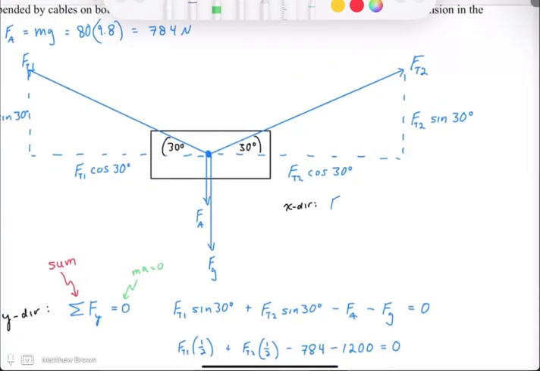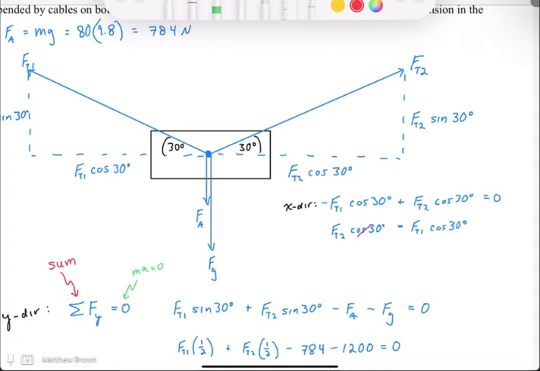So we have FT1 cos 30, FT1 would be in the negative direction, plus FT2 cos 30 equals 0, because it's not moving. Which means if you take that to the other side, you've got FT2 cos 30 equals FT1 cos 30.